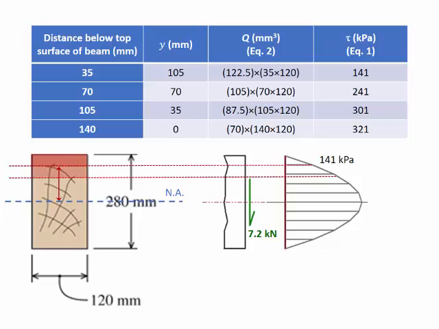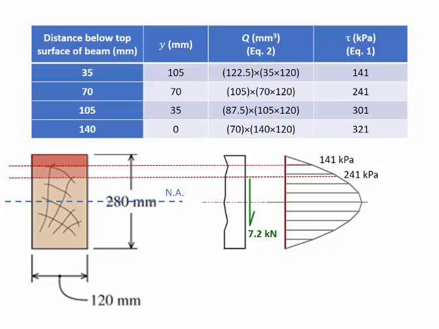So it would be the 70 plus 70 divided by 2, so 70 plus 35. That's where the 105 comes from, and that's the first moment of area for the area above the level where we are calculating the shear stresses. We substitute into the shear formula, and we find that the stress level at that point is 241 kilopascals.